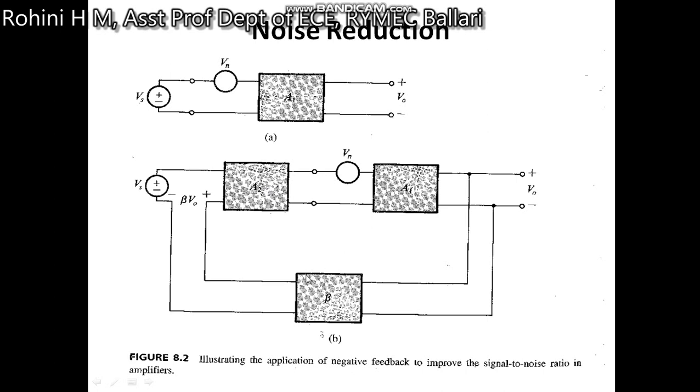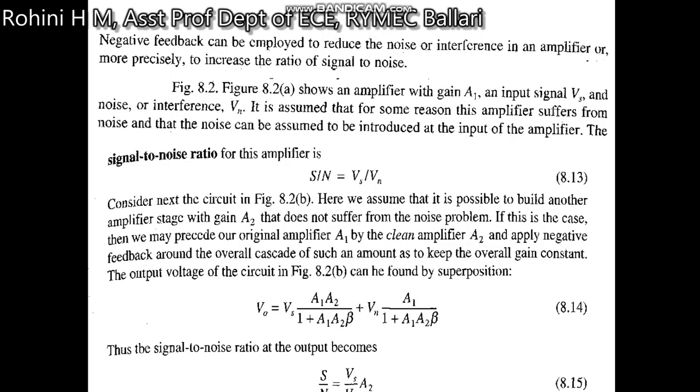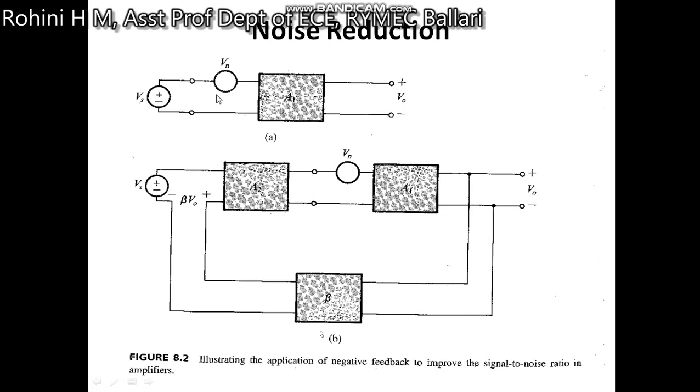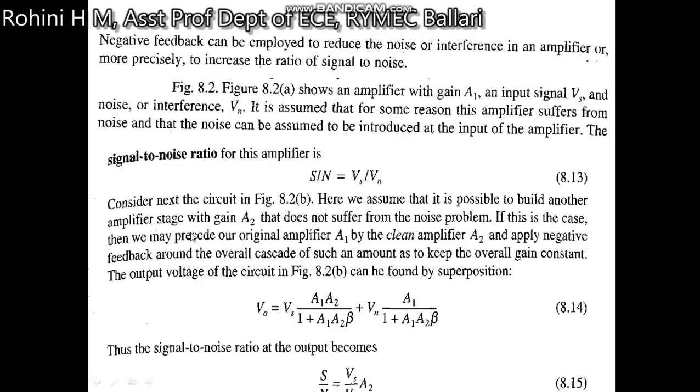Here we have a feedback block, that is beta. So negative feedback can be employed to reduce the noise or interference. Why are we applying this negative feedback? It is just to minimize the noise, so as to increase the signal to noise ratio.